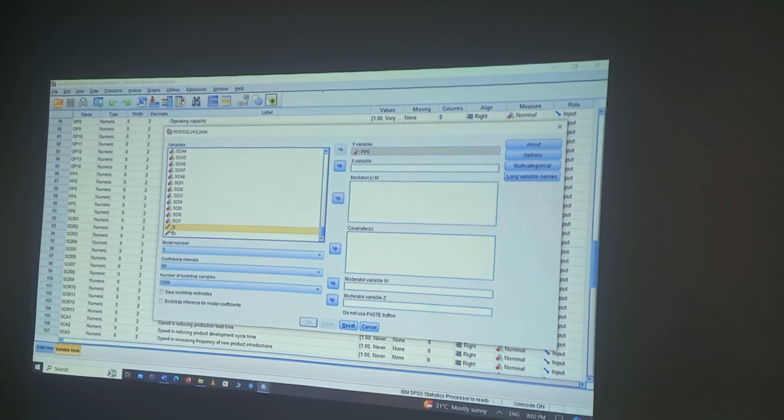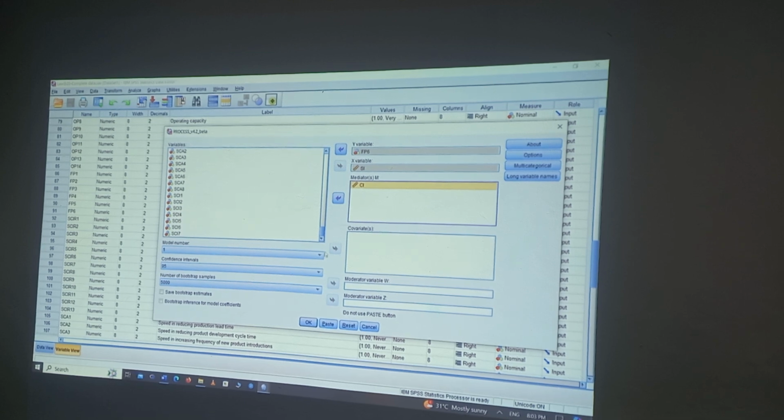So SI, we put it at X. Then it will ask what our mediator is. We are going to use customer integration as the mediator. So we select it and put it at the mediator section, M.